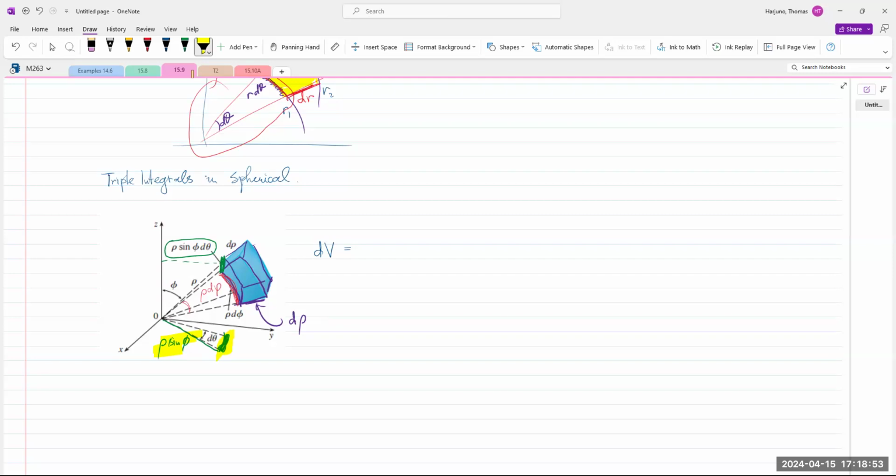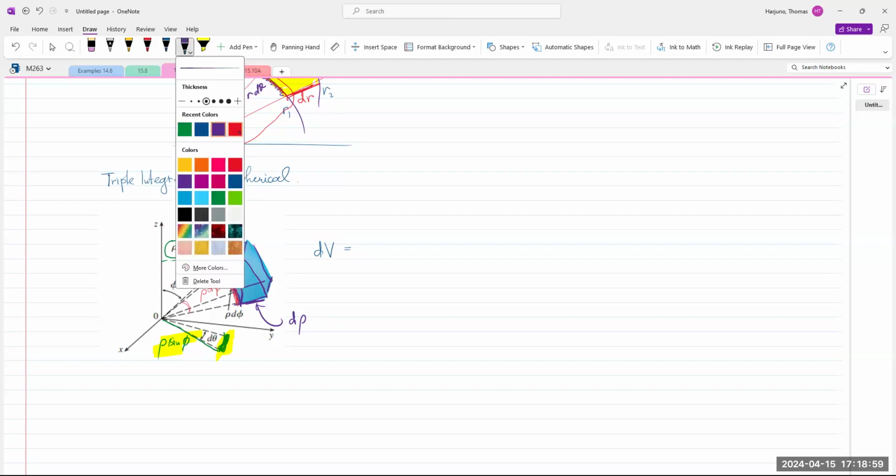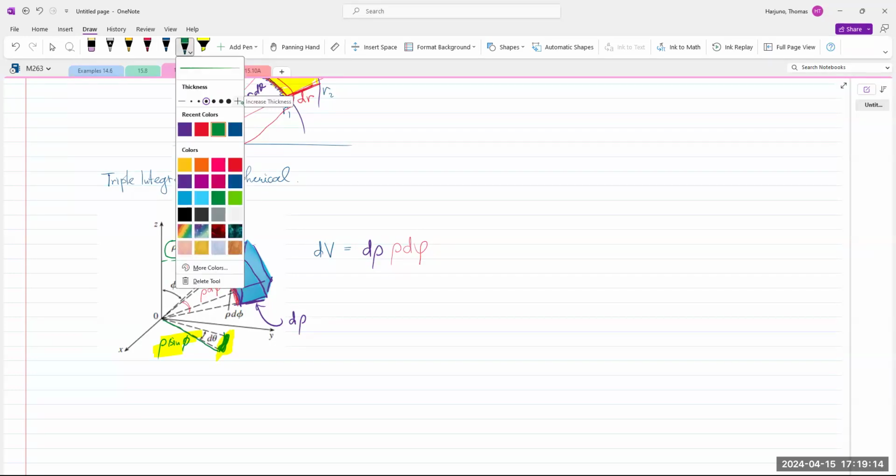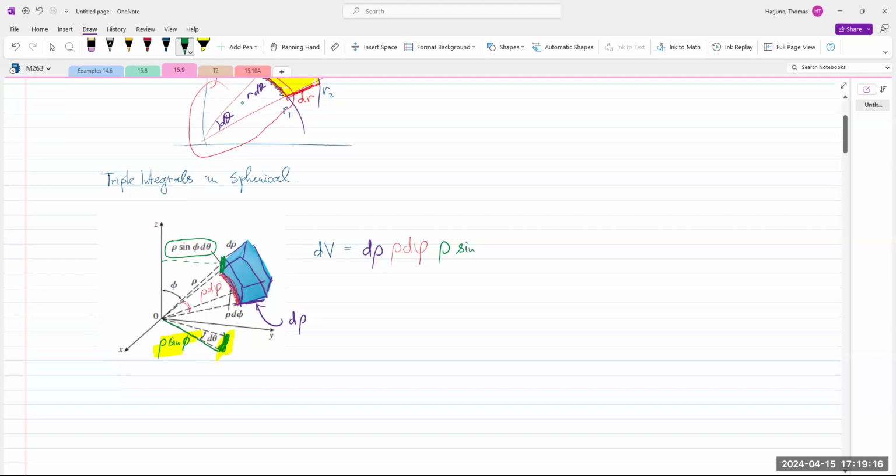So if I collect them now, I have d rho, I have rho d phi, and then I have rho sine phi d theta.